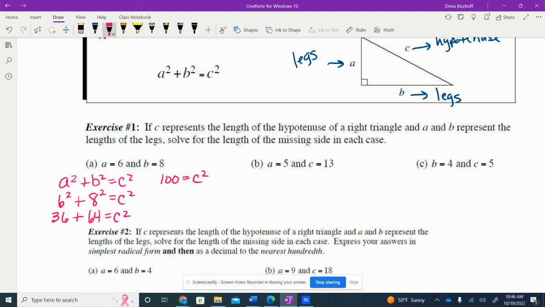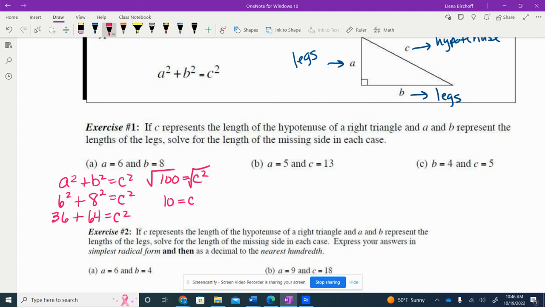I have to find out what c is. The only way that I can get c by itself, unsquared, is to take the square root of it. Square rooting something unsquares it. So what number do I multiply together to get 100? Well, it's 10. 10 equals c.